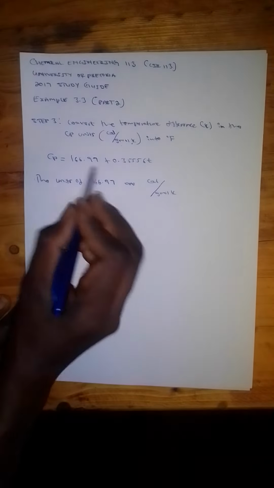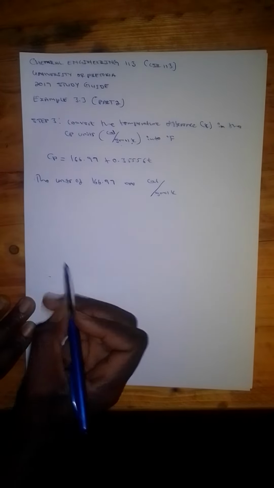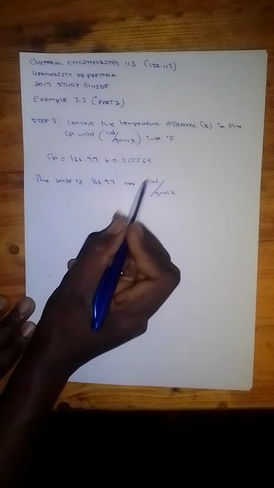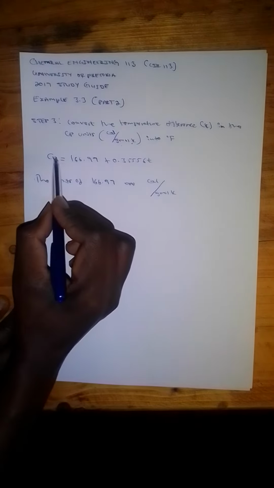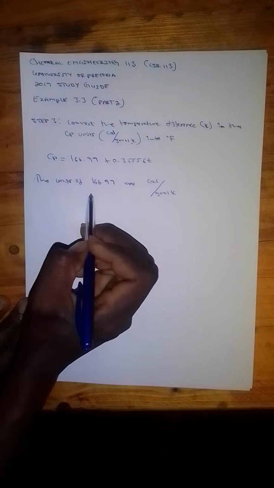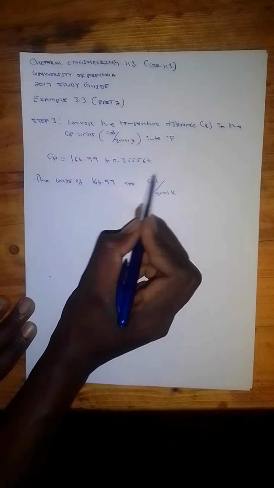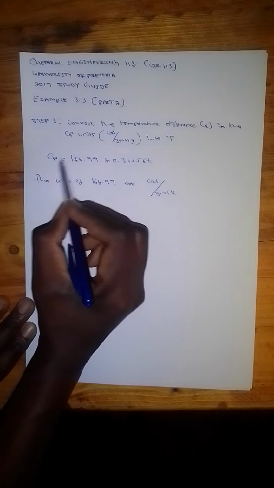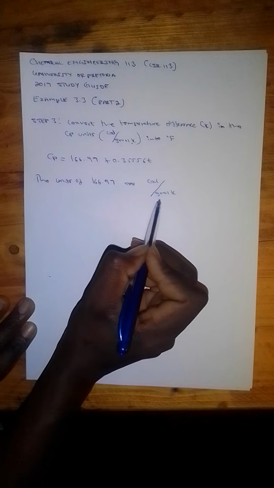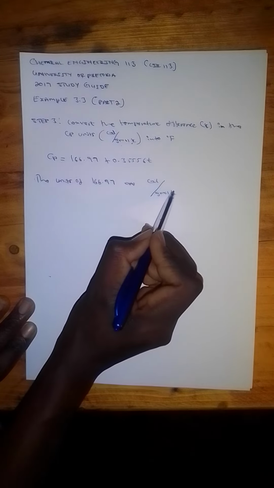This is because it's almost like a constant. So if it's calorie per gram mole Kelvin, that means that if we're going to be calculating the CP, this number here is going to be consistent with the units that we already know, which are calorie per gram mole Kelvin.